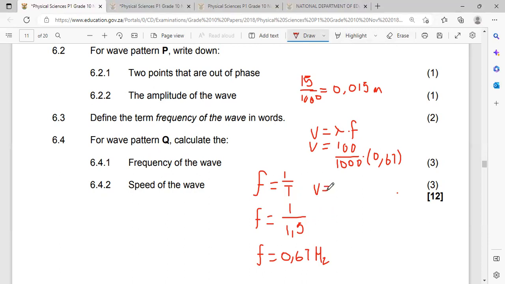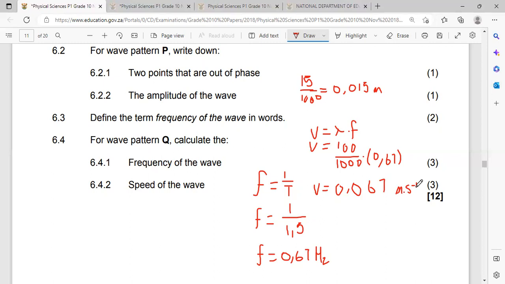So we're gonna get our speed as 0.067. And for our speed, the units we're gonna use is meters per second. I also want you to remember one thing.